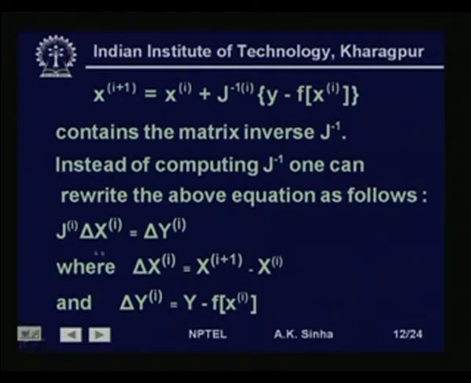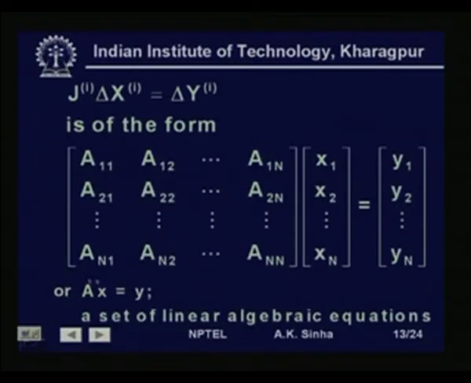We can get delta x I by solving this sort of an equation, or a set of linear algebraic equations, and once we know this delta x, knowing x at the ith iteration and delta x at the ith iteration, we can get x I plus 1 is equal to x I plus delta x I. Therefore, we can always get the updates in each iteration.